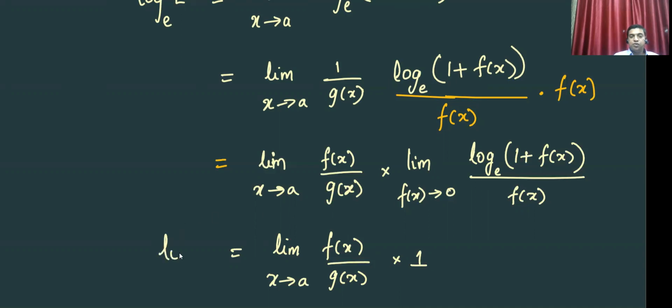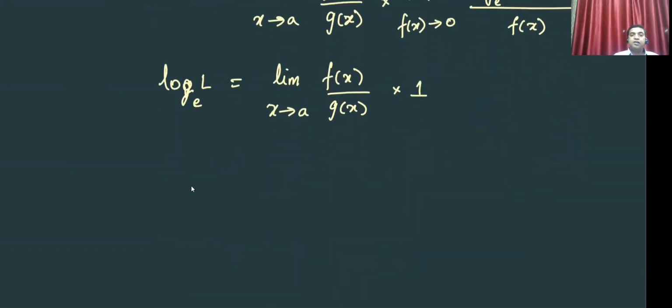So log L to the base e is equal to limit x tends to a, f of x upon g of x.